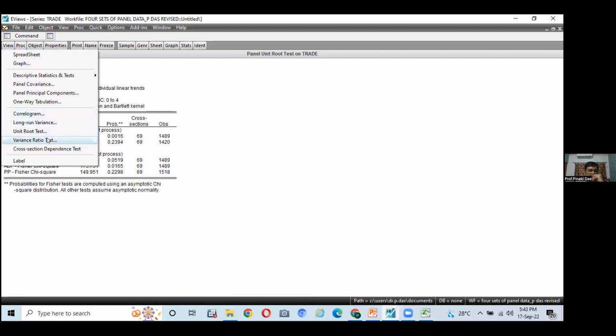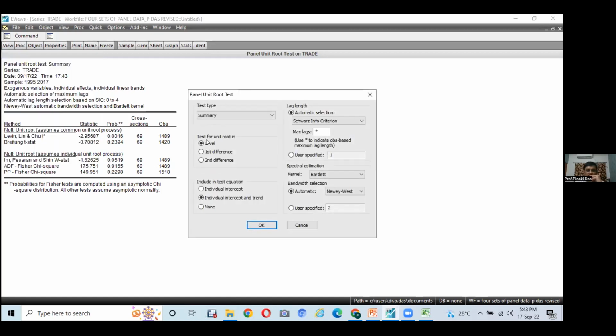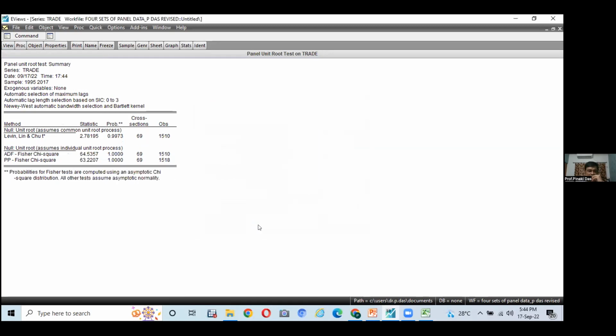Therefore, we consider more tests. More tests means, suppose, in case of none. That is why there are alternative test equations and alternative methods. In case of none, all three tests are statistically insignificant. So far we have estimated 4 plus 4 plus 3, that means 11 results.